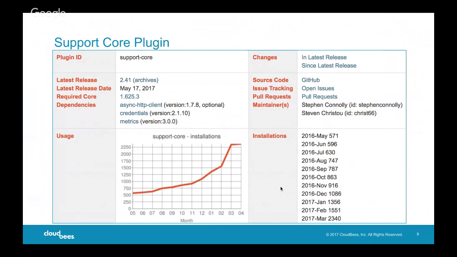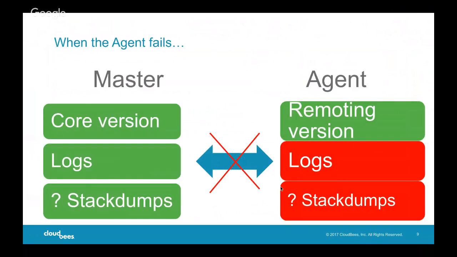But the problem is with remoting connectivity issues. When a remoting connection fails, we cannot retrieve information from the agent side, for obvious reasons: we have no channel which allows retrieving it. So when an agent fails, we expect the data to be somehow available on the agent side, and here's the problem.